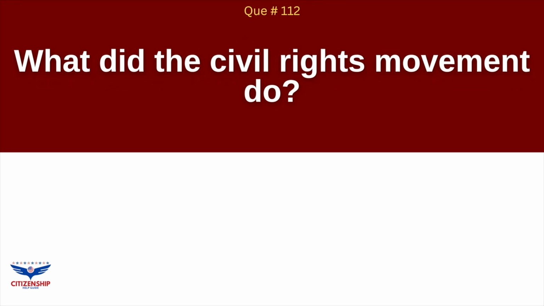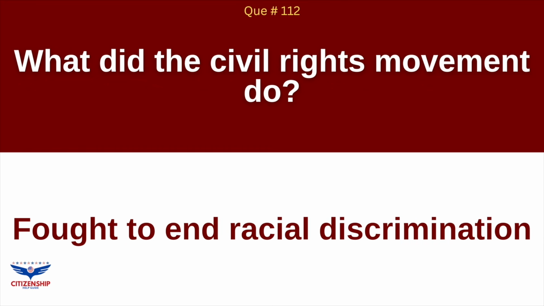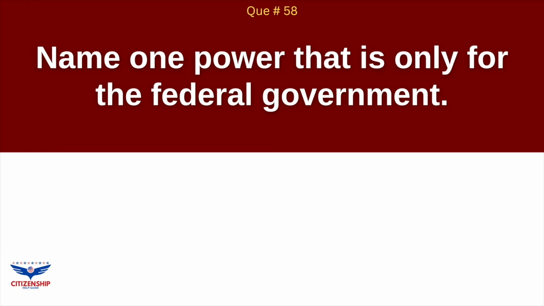What did the Civil Rights Movement do? Fought to end racial discrimination. Name one power that is only for the federal government.